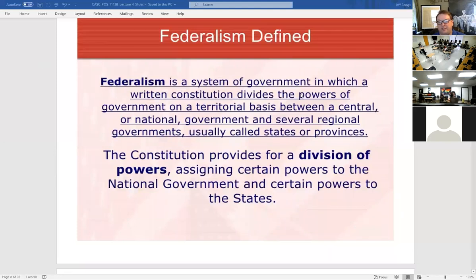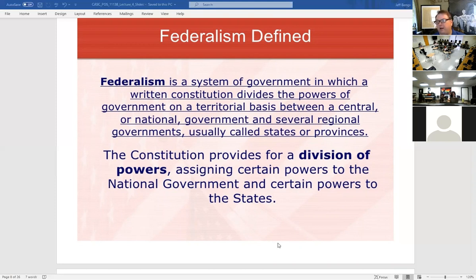So federalism is a system of government in which a written constitution divides the powers of government on a territorial basis between a central or national government and several regional governments, usually called states or provinces.